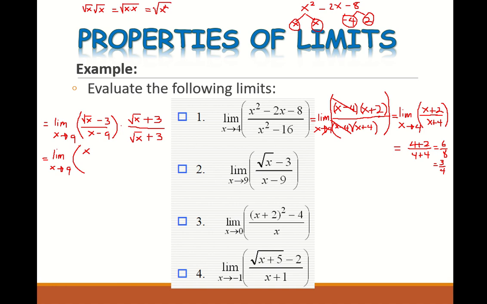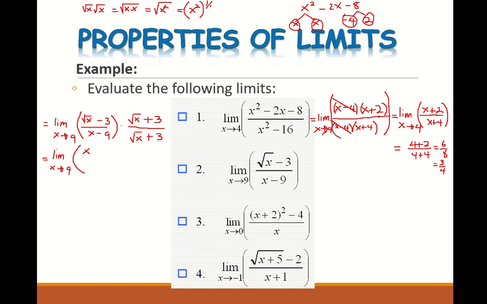We know that the index of the square root is 2, and this is the same as the power of 1/2. So this is the same as x squared, and the square root means you have to raise it to the power 1/2.